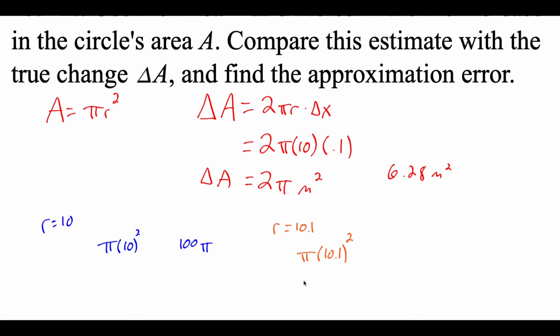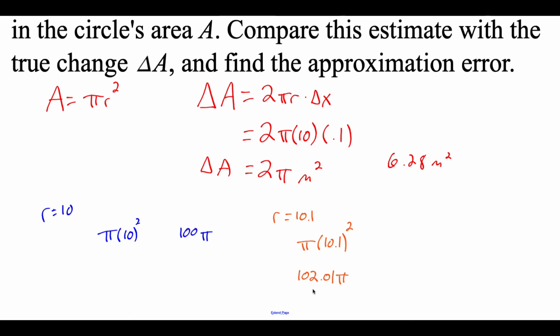Now, 10.1 squared is 102.01 pi. So if we're trying to find the true difference in here, we would subtract these. So if I went with 102.01 pi minus 100 pi, then we would end up getting a true change of 2.01 pi. We estimated the change to be about 2 pi, and the true change, the actual change, was 2.01 pi.